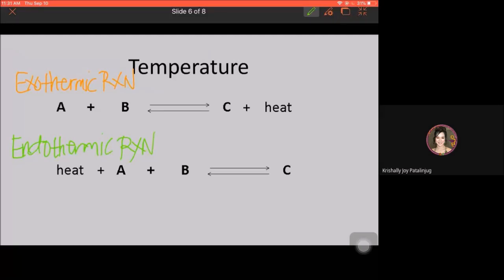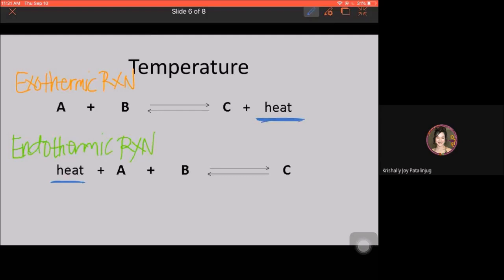Now, when a reaction is endothermic or exothermic, there is heat involved. The green color is ugly, isn't it? In this case, you treat the heat as another substance in the reaction, as if it is part of the reaction. So in an exothermic reaction, the heat is part of the products. In an endothermic reaction, the heat is part of the reactants. For an exothermic reaction, which releases heat energy, the heat energy will be treated as one of the products.